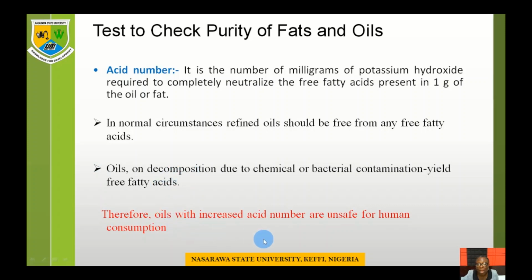So when you have an increased acid number in an oil, it shows that it's unsafe for human consumption. You use acid number to check whether the fat is good for human consumption or not.